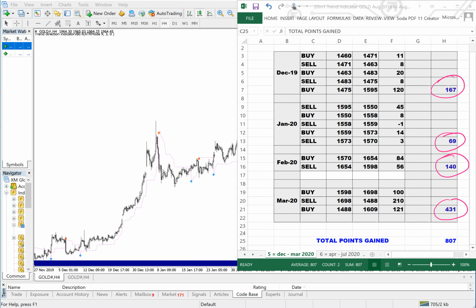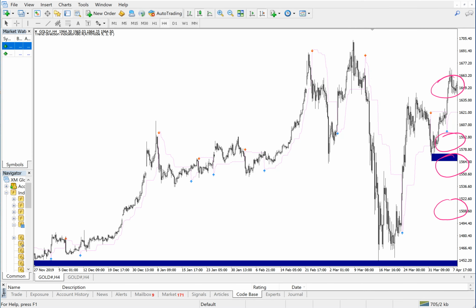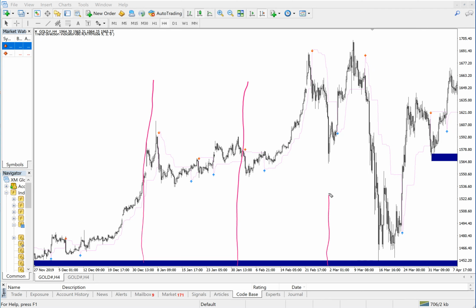So we will actually see with the help of the chart how this profit was gained using our 20 in 1 trend indicator. So this is the February month. So here you can see this is the December month, this is January, and February 20, and this is March.